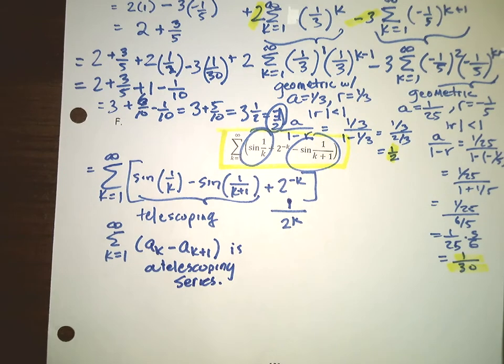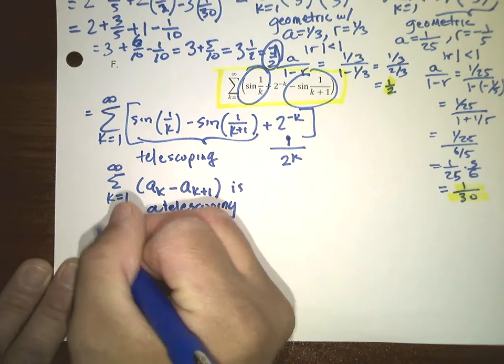So just keep that in mind as we go here. Now let's write out the terms so that we know what we have for the telescoping series, because this is a telescoping series, so it converges.